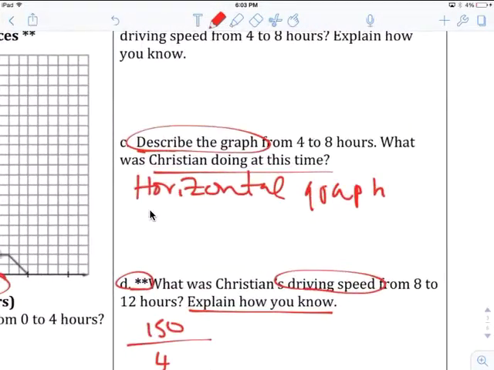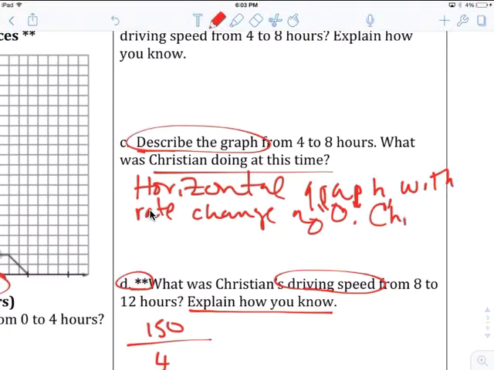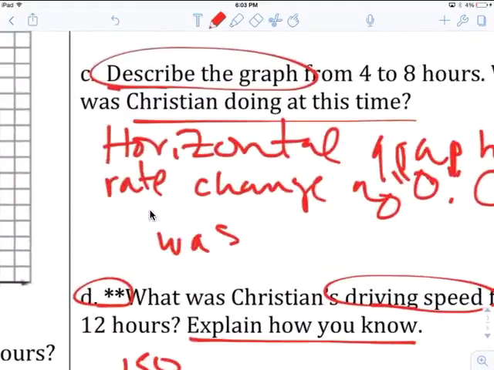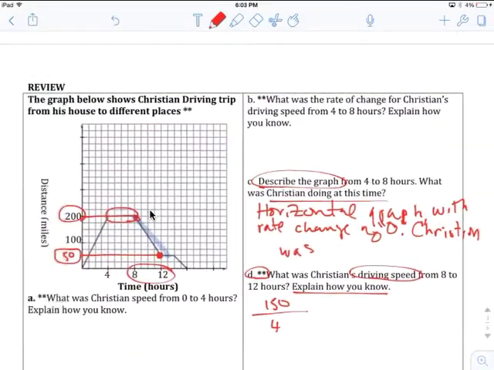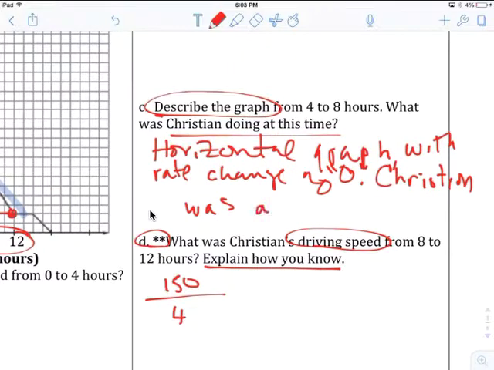It's a horizontal graph with a rate of change of 0. Christian was, how many hours at? Oh, 8 hours at the mall shopping.